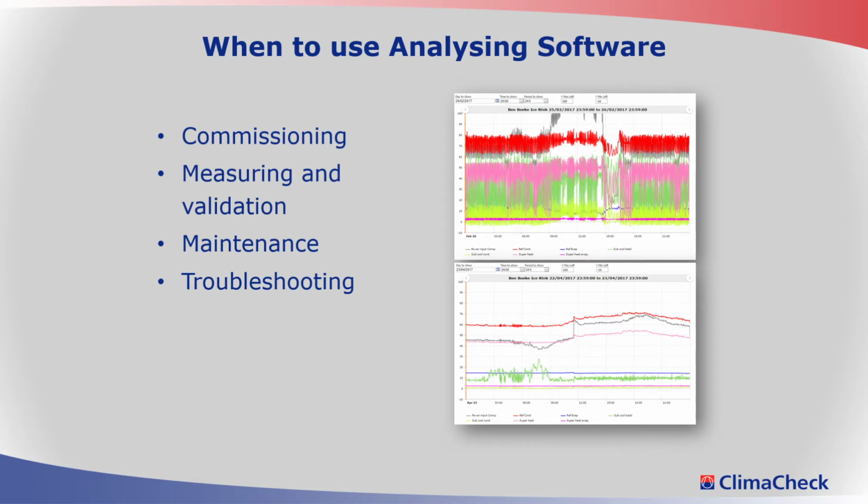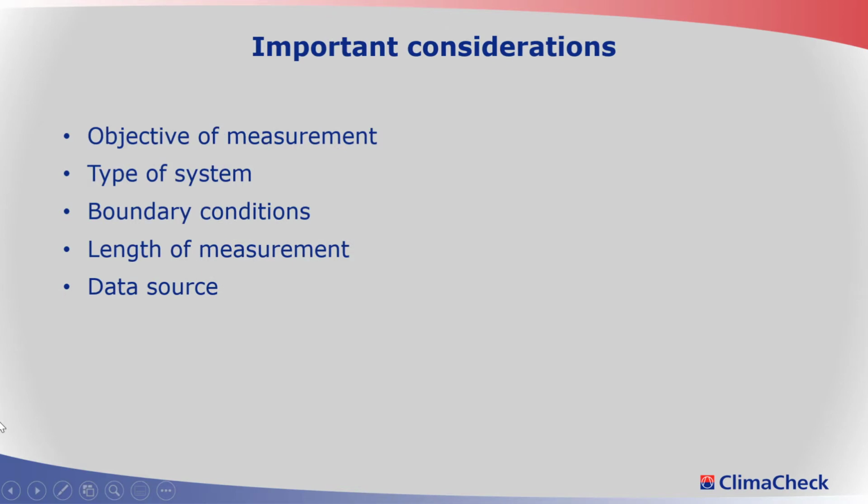During maintenance, we're there maybe a few hours and we do the measurement during these few hours. During measuring and validation, we might want to do the measurement in different situations to have different loads, different ambient conditions. So it's important to know the objective of the measurement.